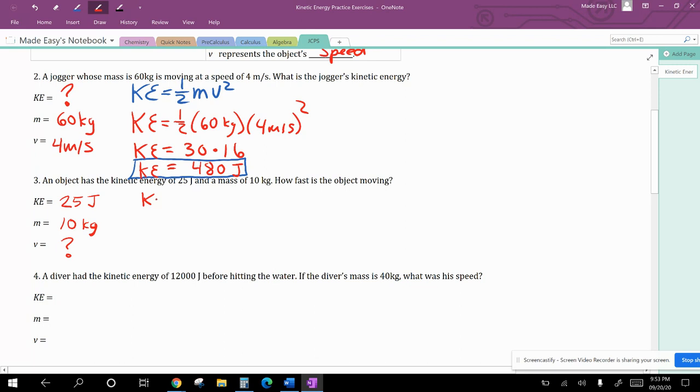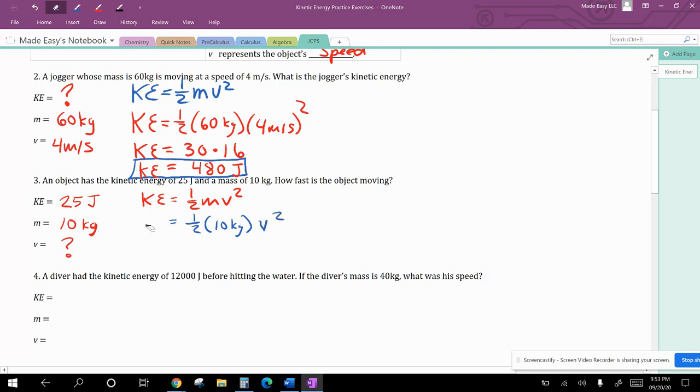I'm going to rewrite the equation here. This is going to require us to do a little bit of rearranging the equation. We just can't multiply the numbers together. So I'm going to plug in the things that we do know. 1/2 times 10 is our mass, and then v squared.